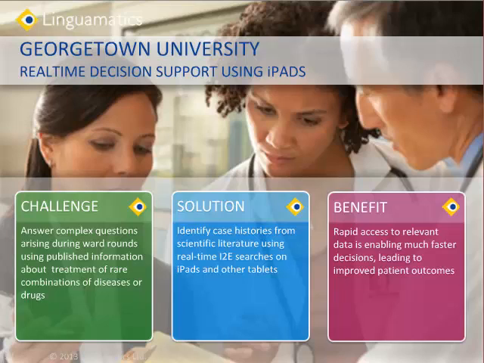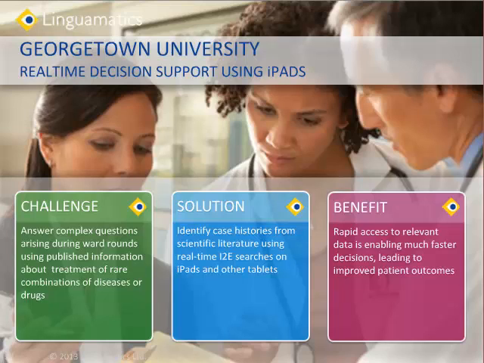Previously, the people involved in this, the information specialists who work with the clinicians, would have to go away and perform specific searches on their desktop machines. What we've been able to do is to implement a tablet-based system where the informationist is able to enter in the disease combinations in real time on doctor's rounds, go off, find the information, bring the information back again, read out the findings to the physicians present, and really enable them to make much more informed and speedier decisions.